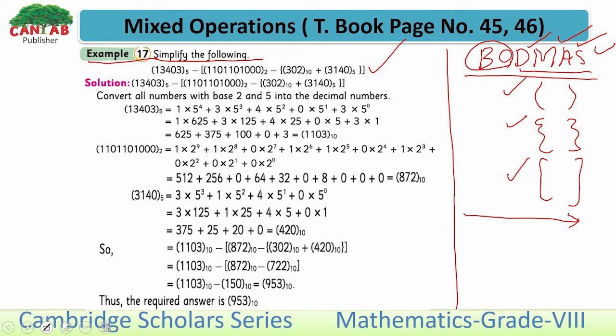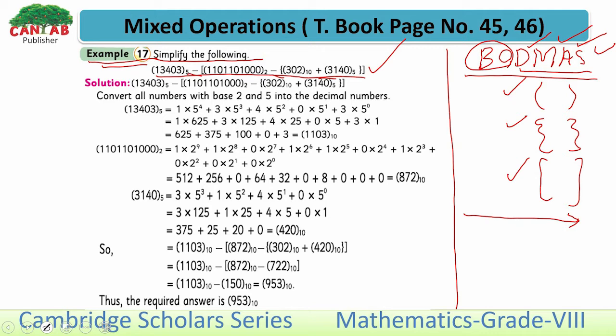Now, in this example 17, we'll use subtraction and addition, but another thing we'll use is the BODMAS rule over here. Why? When we use the BODMAS rule, we don't have any chance for mistakes. So, perform the calculation.